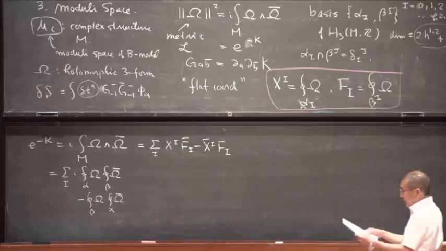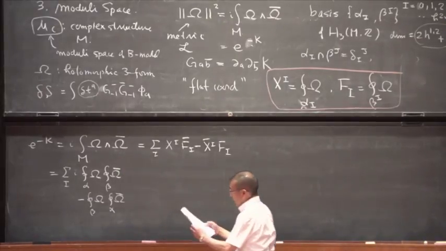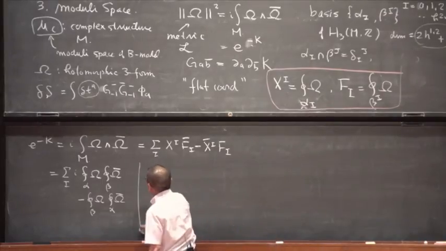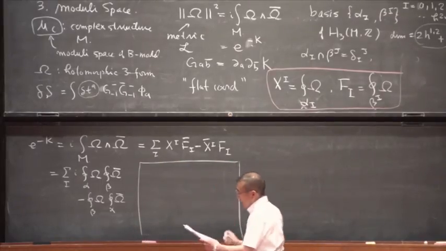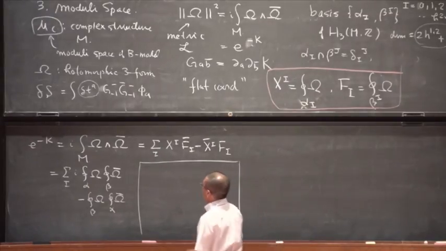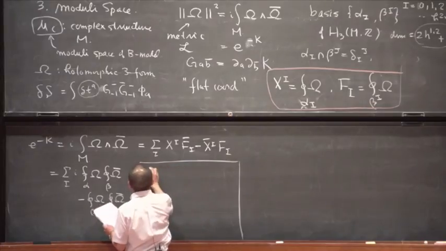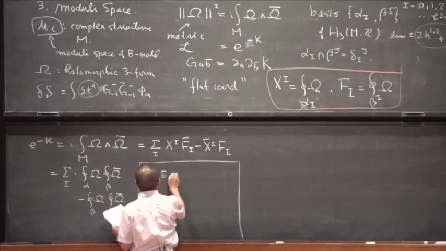This is a very special feature of the metric on the moduli space, and you can derive various identities from it. For example, it's a very simple, straightforward algebraic exercise to show that if you have a metric, you can compute a Riemann curvature, and then there is an identity between the Riemann curvature and the metric.